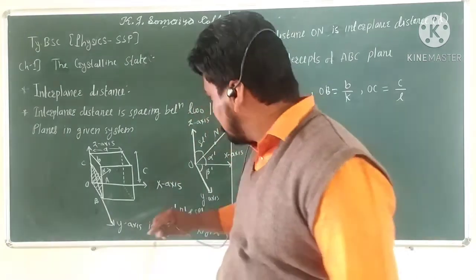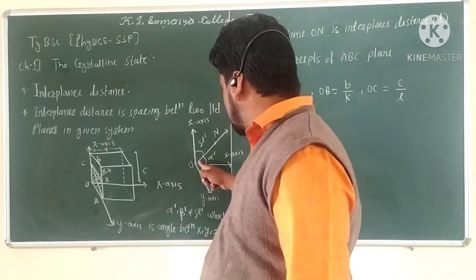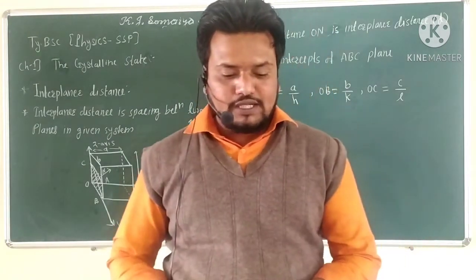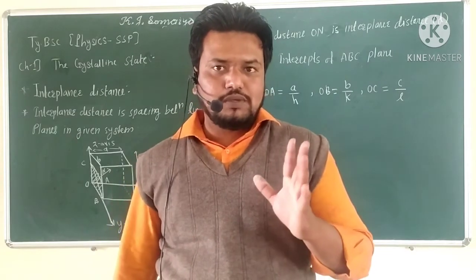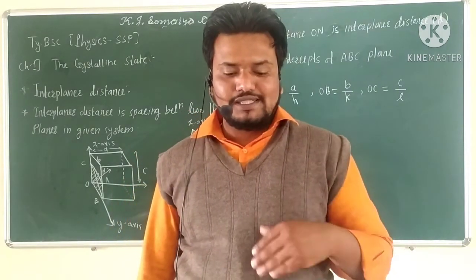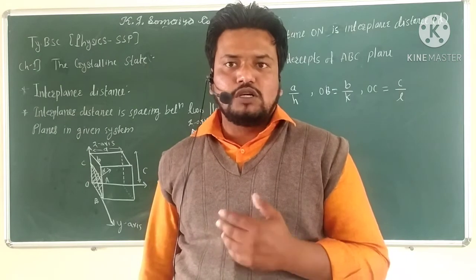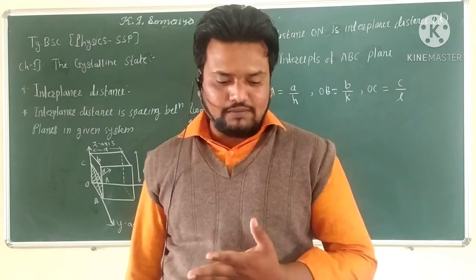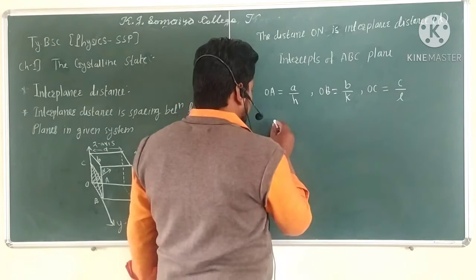In this figure, ON is normal to the plane ABC, and it makes angles whose cosines are cos alpha prime, cos beta prime and cos gamma prime.